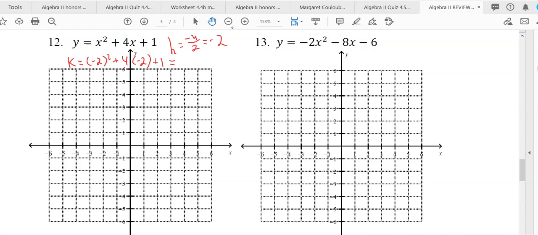So it's going to be 4 minus 8, which is negative 4, plus 1 is negative 3. So I know my (h, k) is at (negative 2, negative 3). My a value is 1, so I know to go over 1, up 1, over 2, up 4, and I've got my parabola.